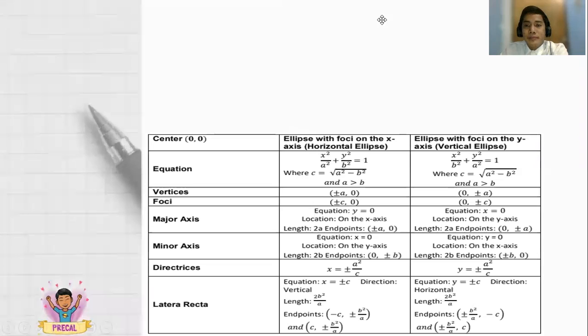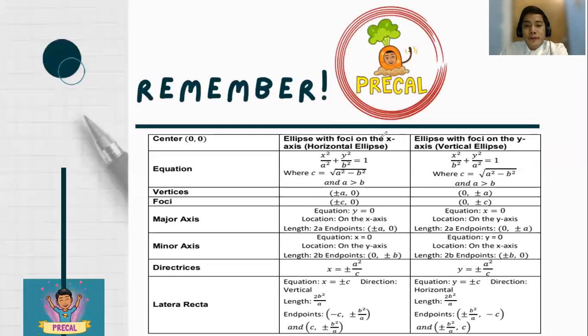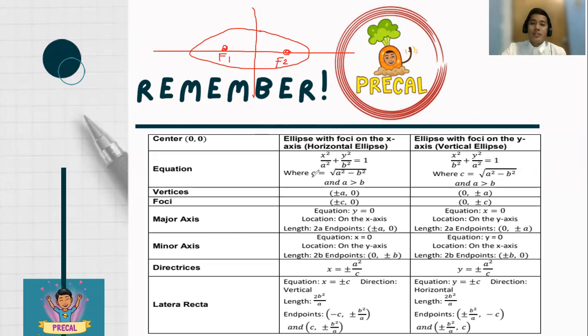So observe this one. For the ellipse with foci on the x-axis, meaning they are on the x-axis, so if this is the coordinate plane, it is the x-axis in which your foci are located. So again, the formula is C is equal to the square root of a squared minus b squared for these distances. And remember that a is the longest distance and it's always greater than b, which is the semi-minor axis.